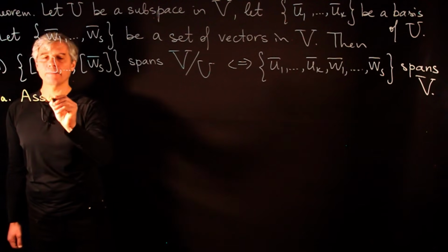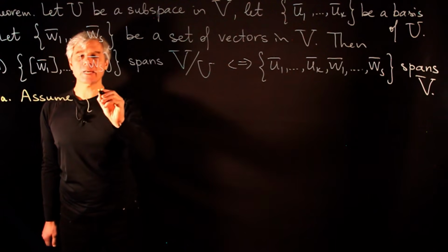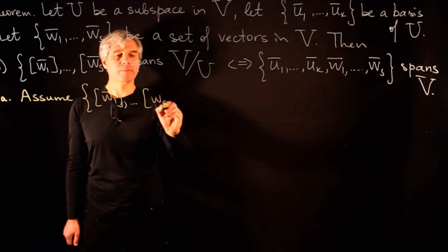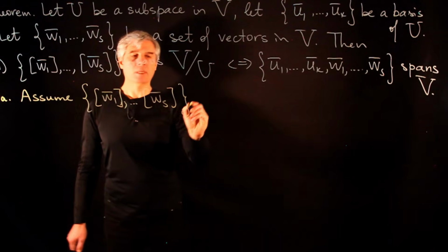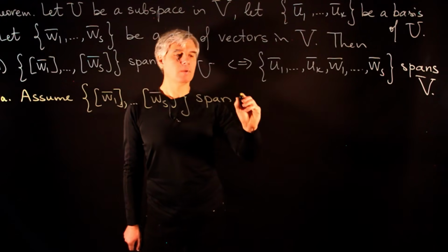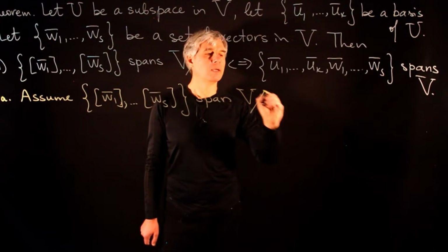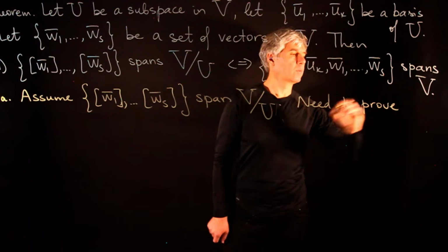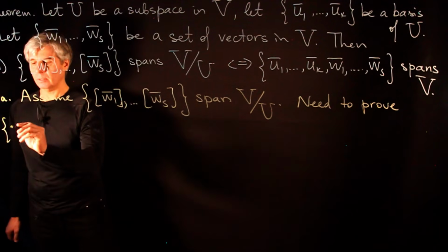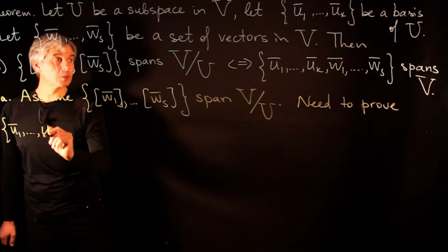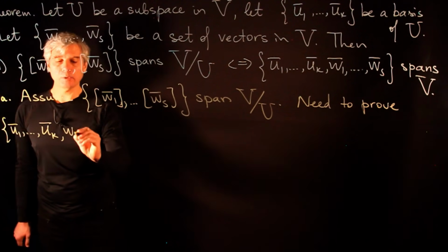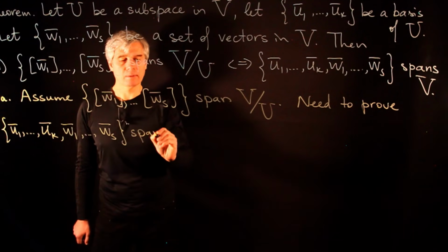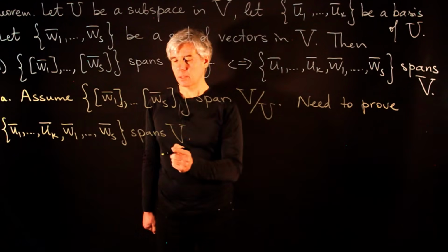Here we assume that equivalence classes W1 through WS span the quotient space, and we need to prove that the set U1 through UK, W1 through WS spans V. So what does it mean?